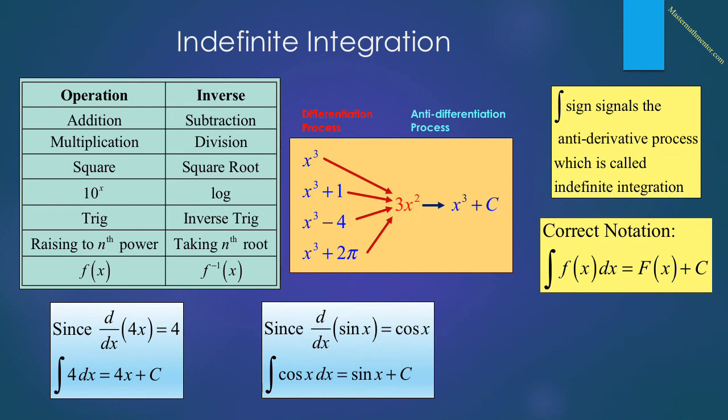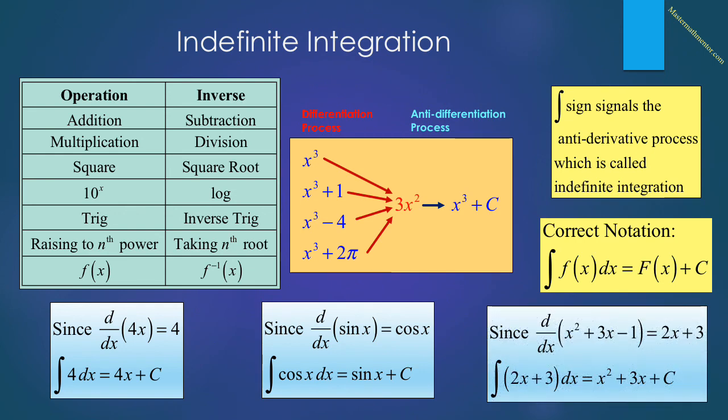Since we know that the derivative with respect to x of sine x is cosine x, then we would say that the integral of cosine x dx equals sine x plus c. And since we know that the derivative with respect to x of x squared plus 3x minus 1 equals 2x plus 3, then the integral of 2x plus 3 dx equals x squared plus 3x plus c.